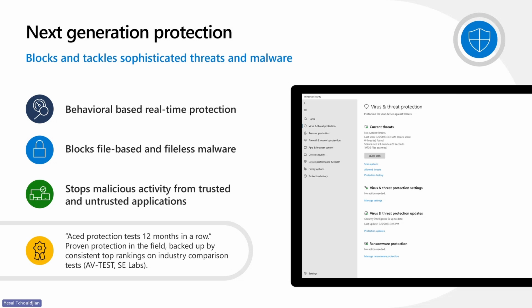And it can stop malicious activity whether it's from a trusted or an untrusted application. These are very core capabilities that you want to make sure are enabled. And we'll talk shortly about tamper protection and how it can make sure these settings are actually enabled, and also prevent somebody from turning this off. Because obviously, when a bad actor gets into your environment, imagine a bad actor getting into your house.